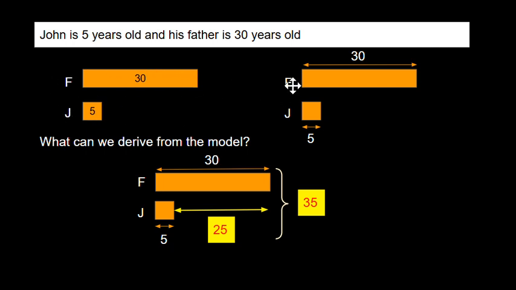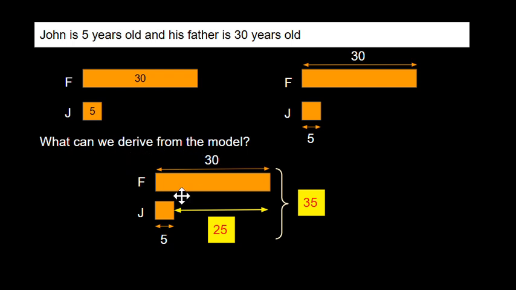I can also represent it in another way: father and John, and I still draw a long bar and a short bar, and just label this whole bar 30, and this 5. Either way is fine, whichever you're comfortable with. But the important thing is, remember, under the model method, after you draw the model, there is a lot of information that you can derive from it.